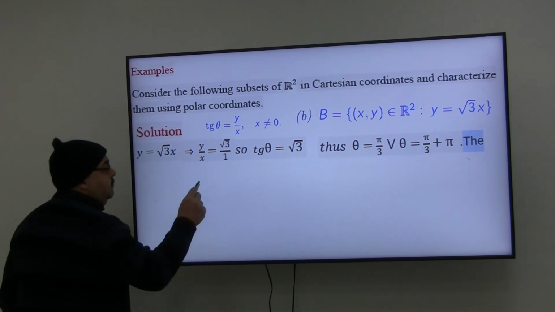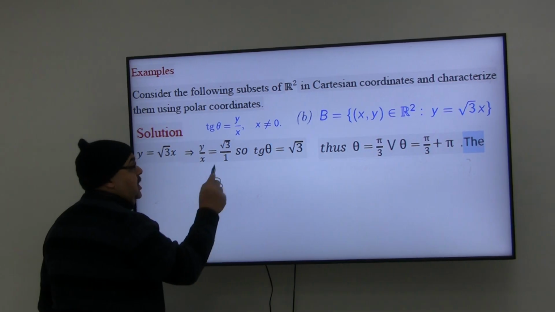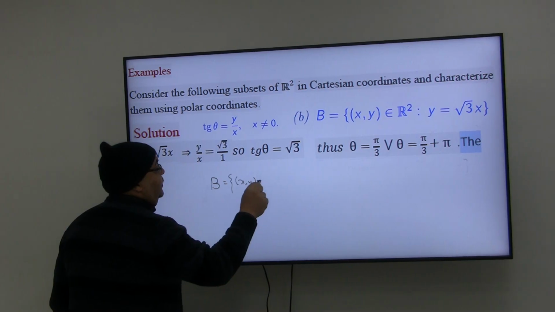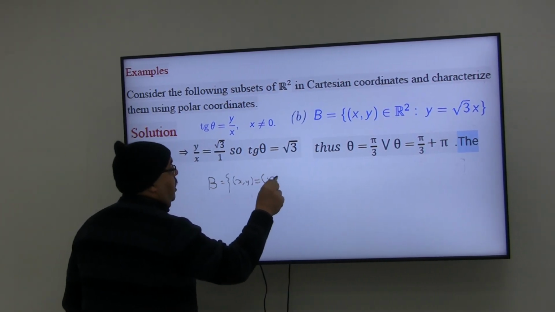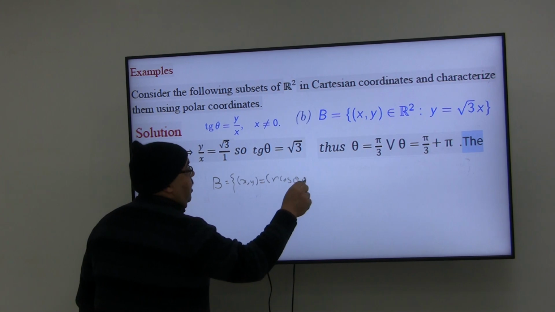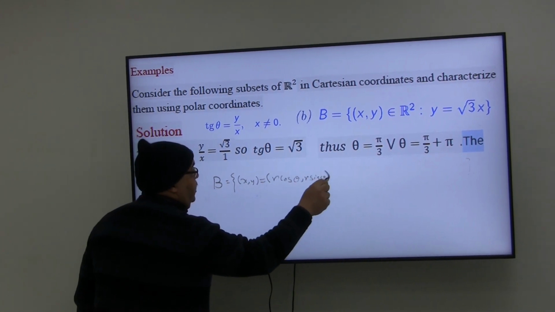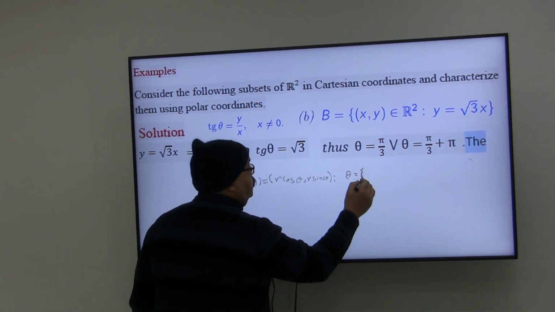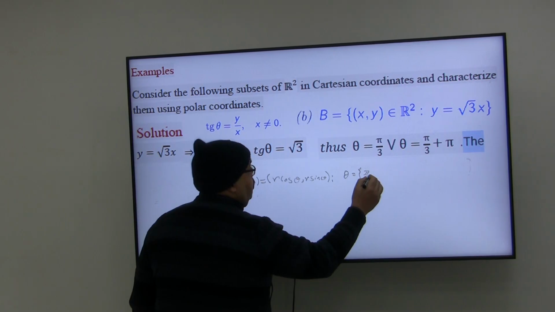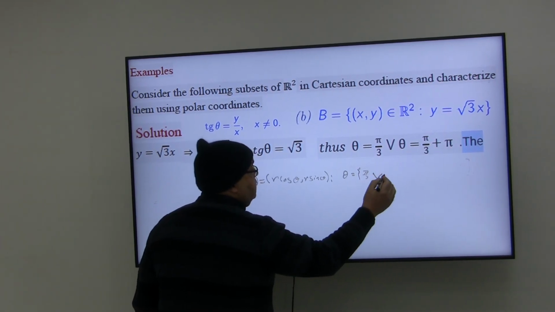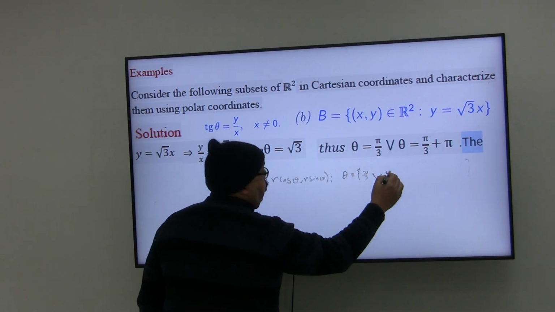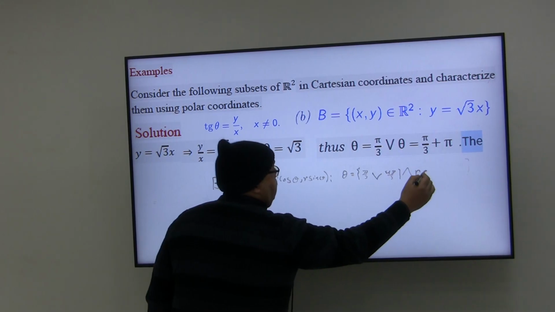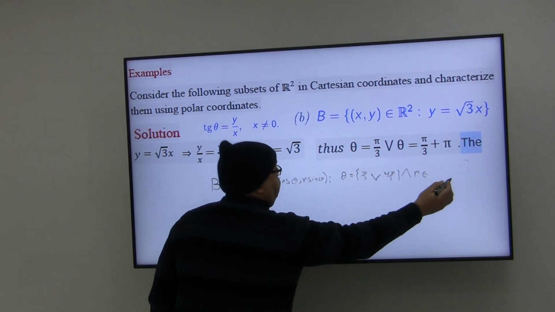Look, Nada, Princess, I will write B, which is open X and Y, and it is equal to open R cosine theta, R sine theta, such that theta is equal to pi over 3 or 4 pi over 3, and R belongs to from 0 up to infinity.